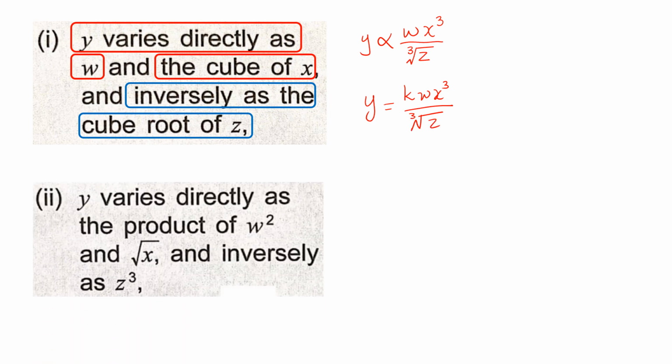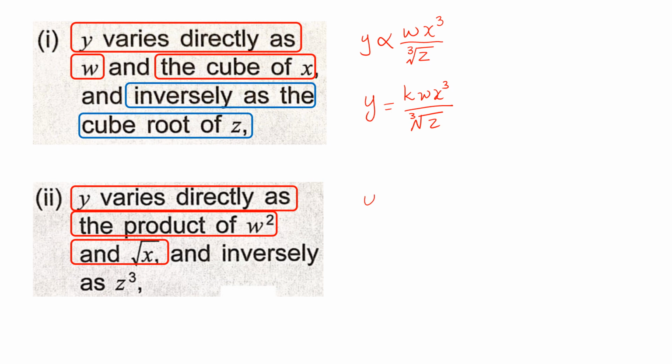The second example: Y varies directly as the product of W squared and the square root of S, and inversely as Z to the power 3. We write Y varies directly as the product, meaning the multiplication, of W squared and the square root of S, and inversely we have the denominator Z to the power 3.